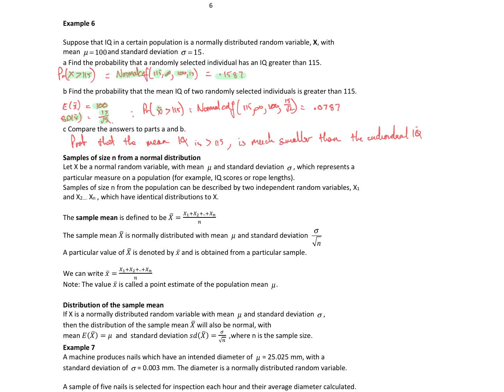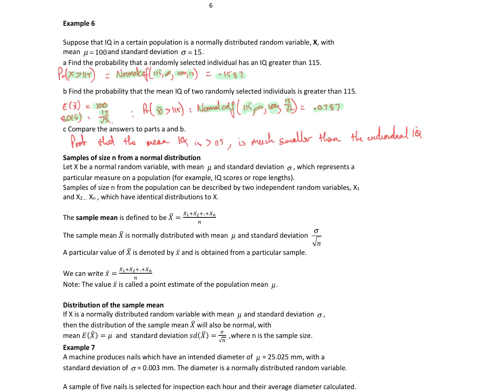So if I want my sample mean, the mean of the IQs of the 2 students that I've picked, to be greater than 115, normal CDF, 115 to infinity, mean is 100, standard deviation is 15 on root 2, and that gives me a value of 0.0787.